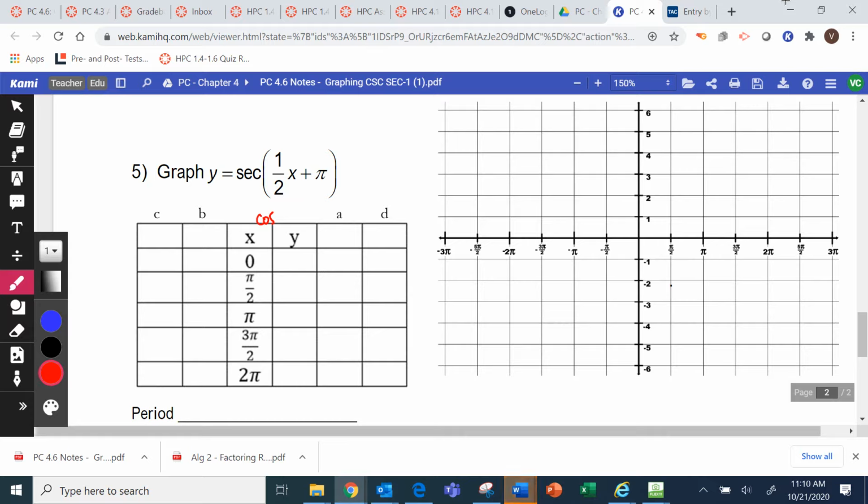And cosine is going to be 1, 0, -1, 0, 1. I will flip those. 1, undefined, -1, undefined, 1.